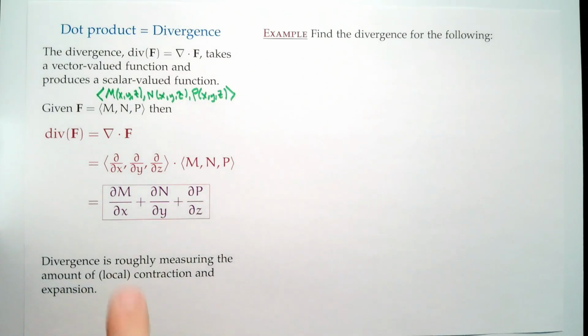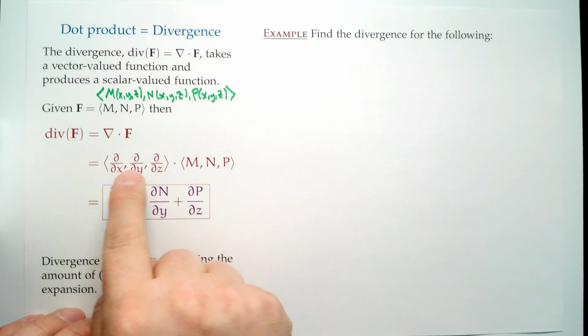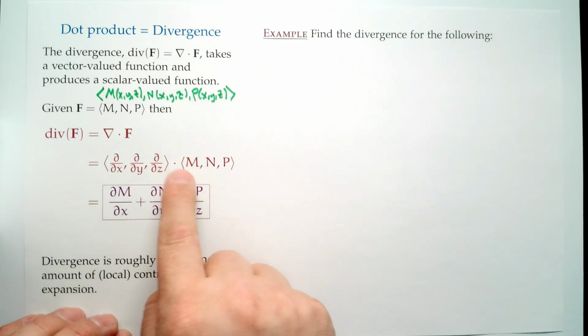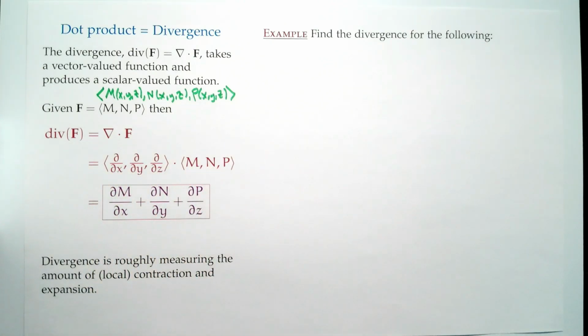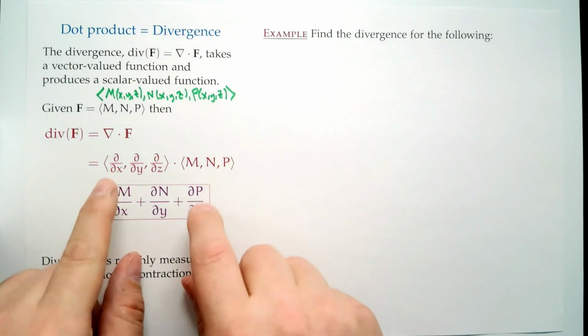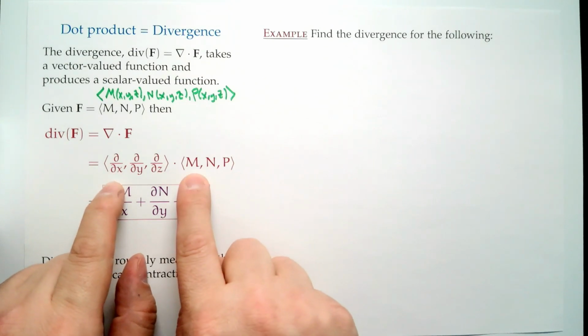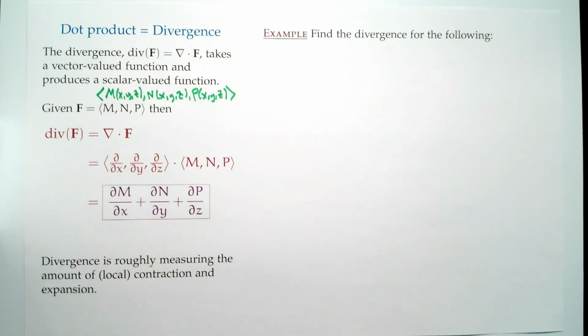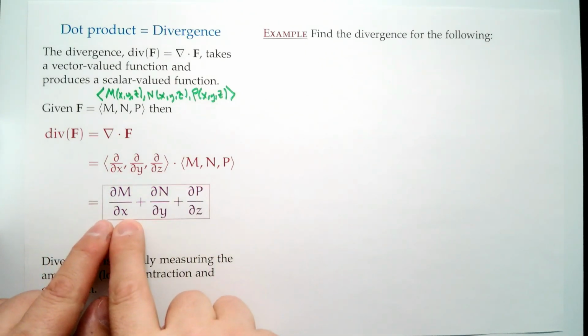That's the divergence. So the del operator, remember, is the partial derivatives. And I'm going to dot it with m, n, and p. Now the rule for the dot product is, the way you think of it is, I multiply the entries together. So when I have partial x and m, it's not quite multiplying, but what I do is I apply that partial x to m. So I get partial m, partial x.